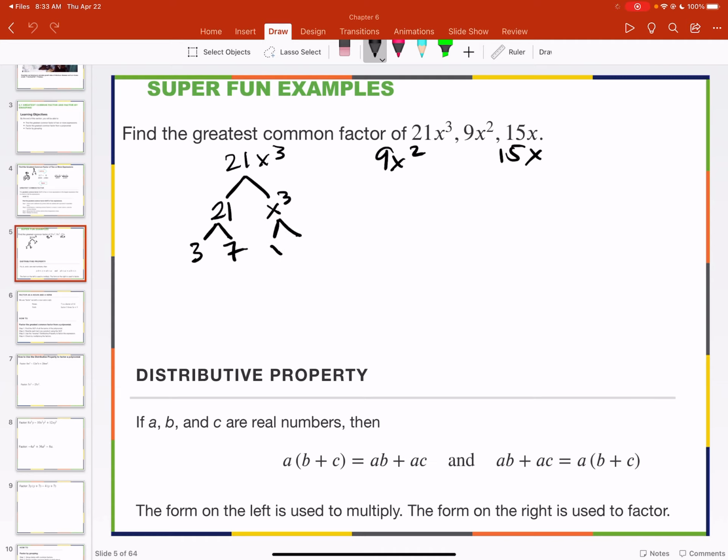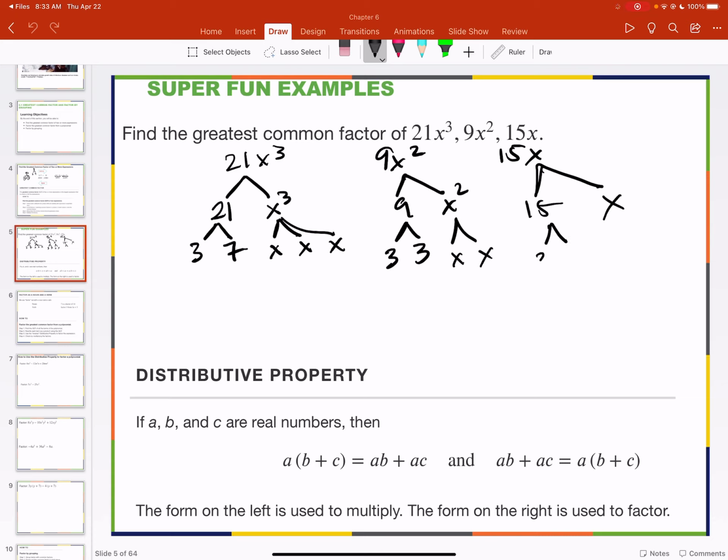X cubed is just x times x. 9x squared is 9 times x squared. 9 is 3 and 3. X squared is x times x. And then 15x, same kind of thing, 15 times x, and you can split this up into 3 and 5.